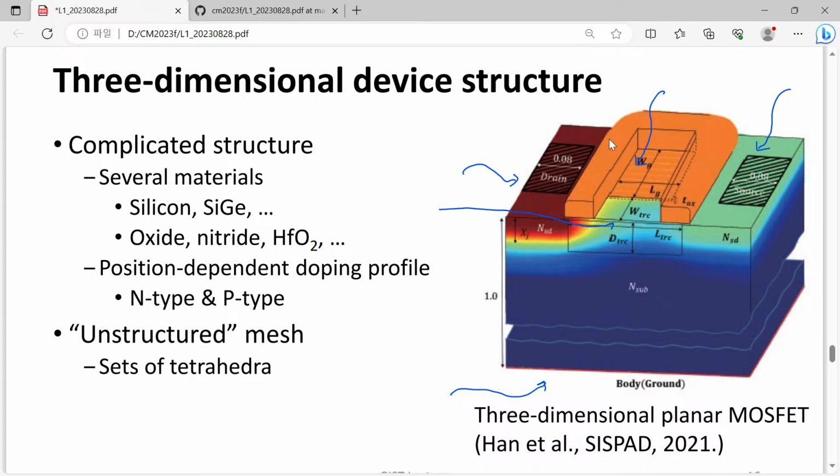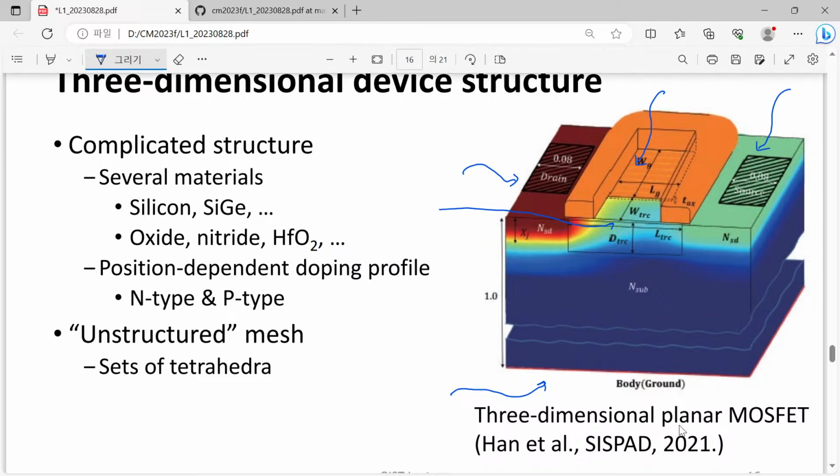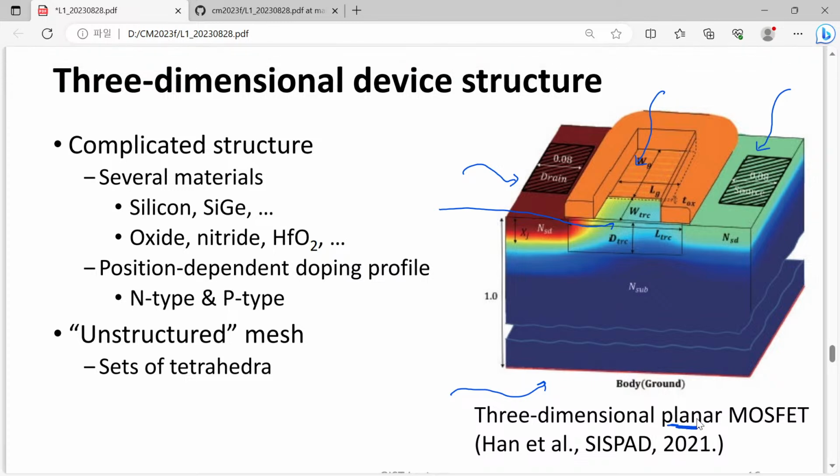So this kind of thing is non-trivial, but this is just a planar MOSFET. Compared to state-of-the-art transistors, it is much simpler. Anyway, the structure of our transistor is so complicated.